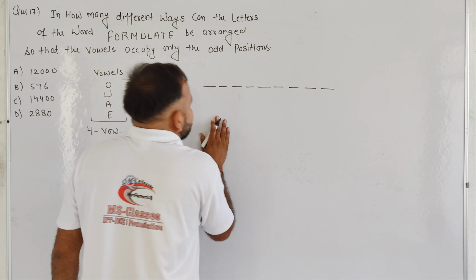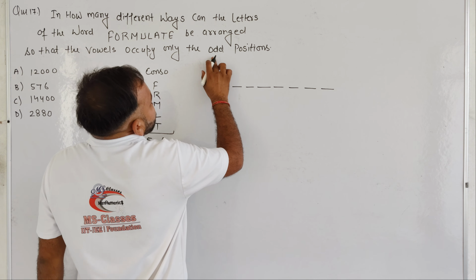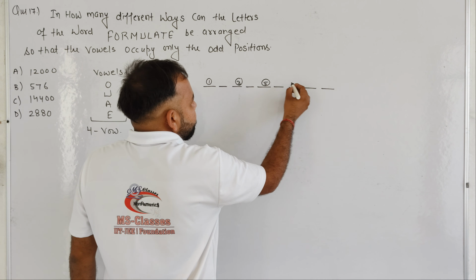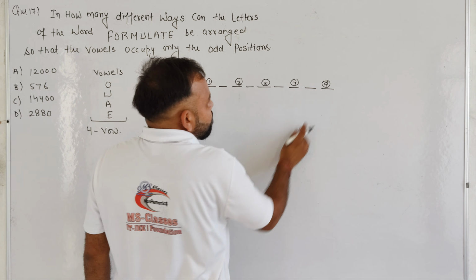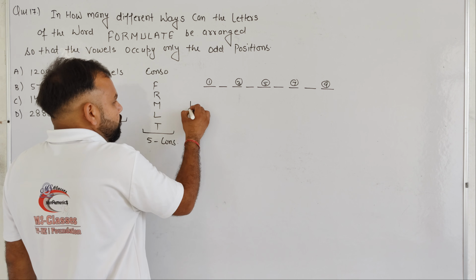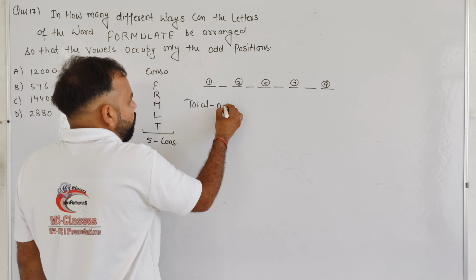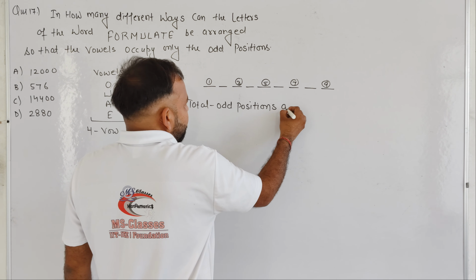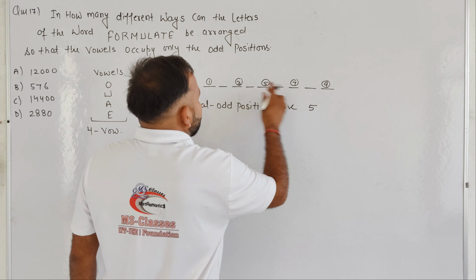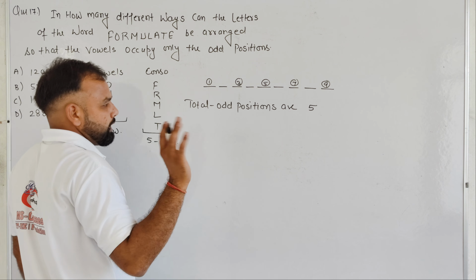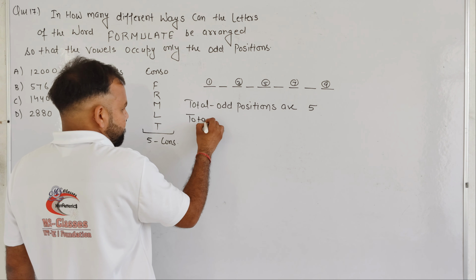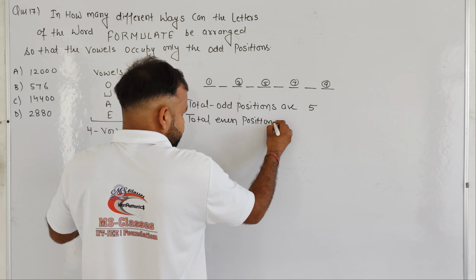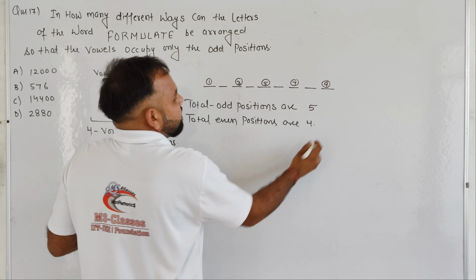For odd positions, that is 1, 3, 5, 7 and 9, the total odd positions are exactly 5. 5 odd positions are present, and the total even positions are exactly 4.